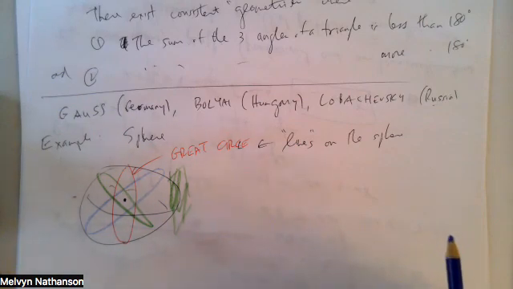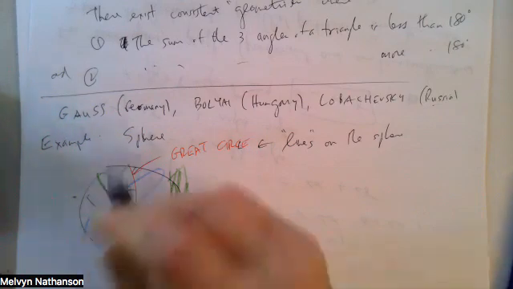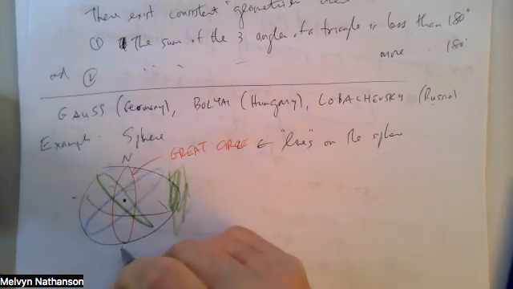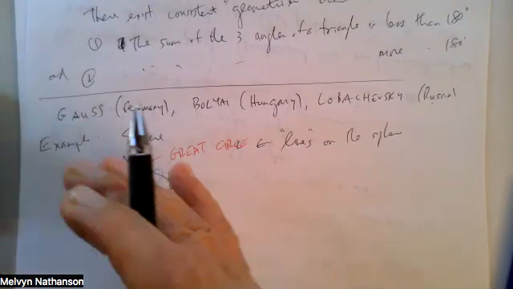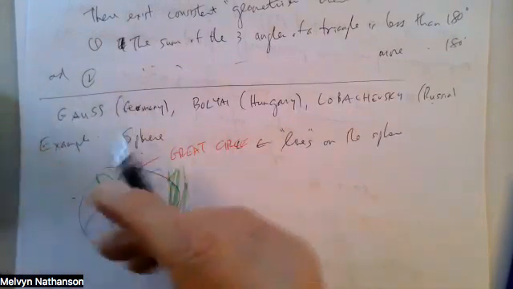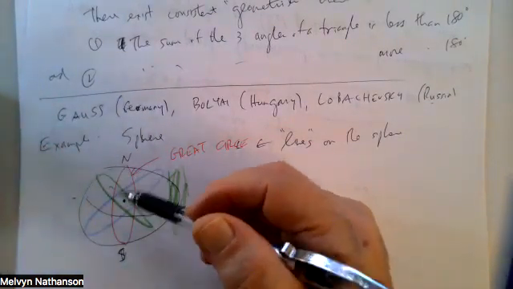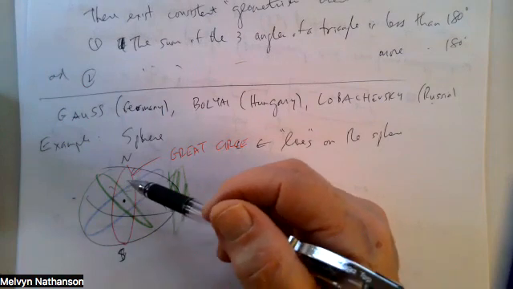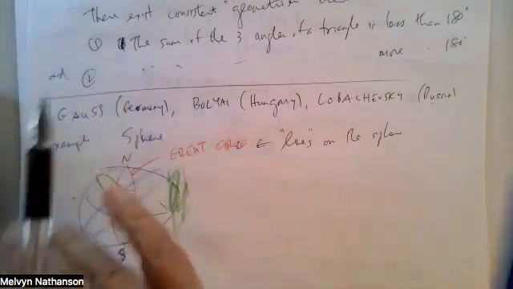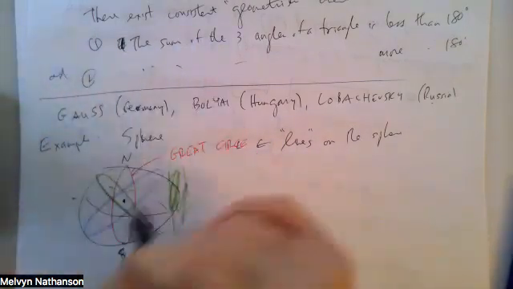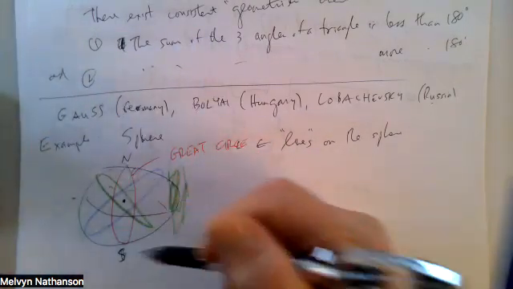Like if you think of the Earth and you take the North Pole and the South Pole, you have these lines of longitude. So you take a plane that cuts the sphere and goes through the North and the South poles, and you get the lines of longitude.